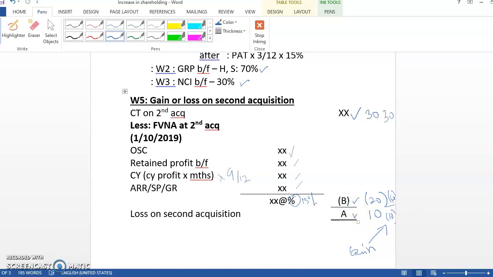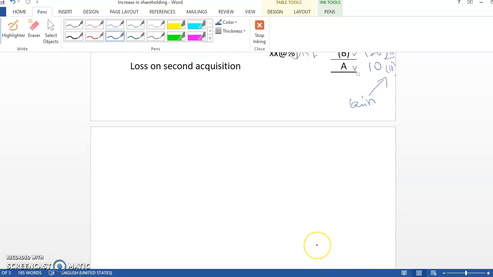Now we want to do the adjustment in relation to SOPI and also SOFP. In SOPI, we will adjust in the schedule. If you still remember, you prepare your SOPI, right?